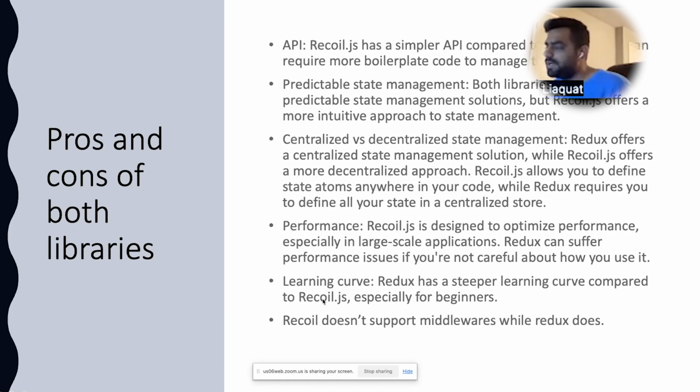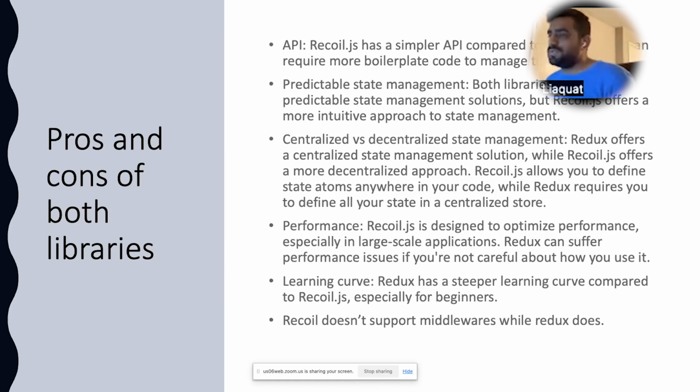Recoil is much simpler and easier to learn for beginners. And the last: Recoil doesn't support any middlewares now because it's a new library and it's still evolving, as compared to Redux, which has Redux Saga, Redux Thunk, and others for doing different kinds of things.